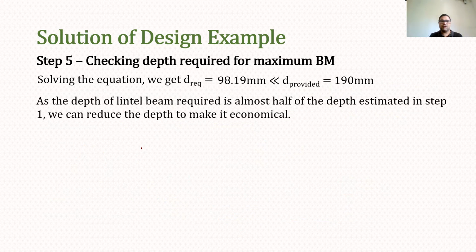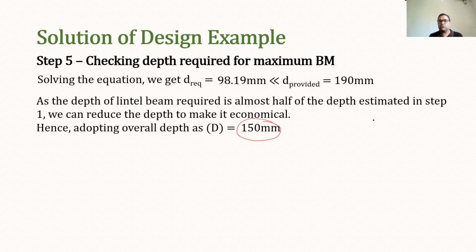So for example, adopting the overall depth as 150 mm. Earlier in the first step, we adopted 220 mm as per thumb rule. So now we can see that the depth required for the bending moment is less. So it means we can reduce the depth to make our lintel economically viable.